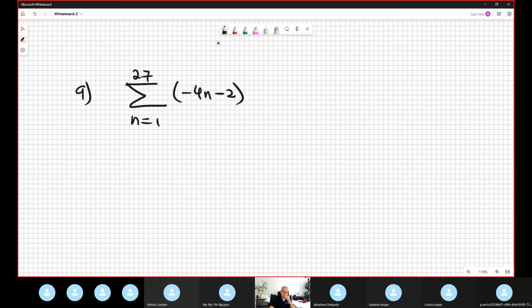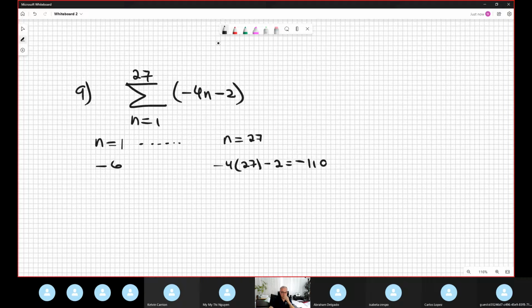Now, for example, you take n equal 1, plugging in the expression, it is obvious that it is minus 6, right? Bam. And for n equal 27, I plug in 27 here, negative 4 times 27 minus 2, and the answer is negative 110.